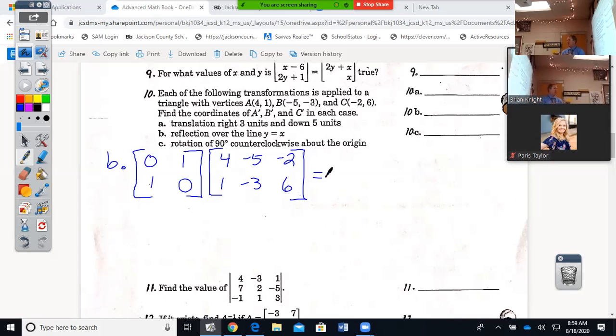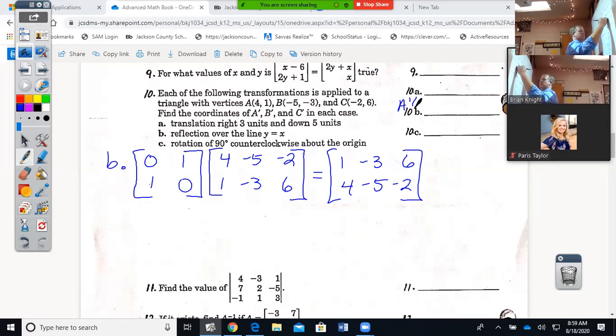You just switch them. All the y's become x's. All the x's become y's. So it's basically moving the top row to the bottom and the bottom row to the top. So we got A prime is 1, 4, B prime -3, -5, and C prime 6, -2.